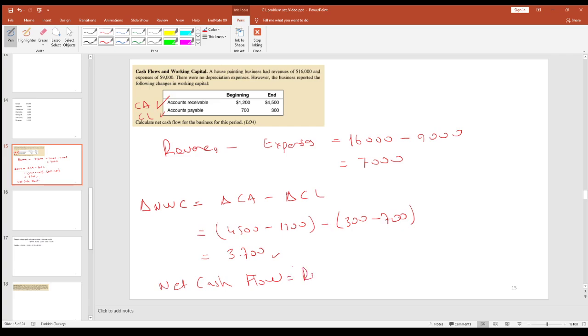remember the equation: revenue minus expenses plus change in net working capital. So I calculate this from here, 7,000.